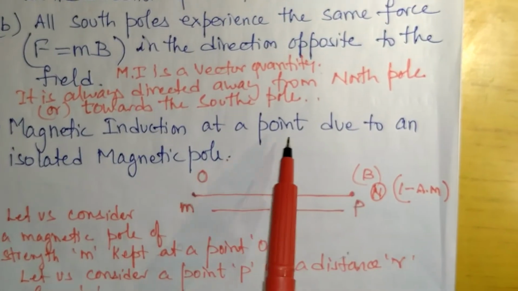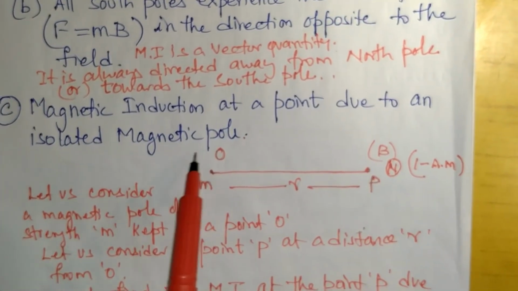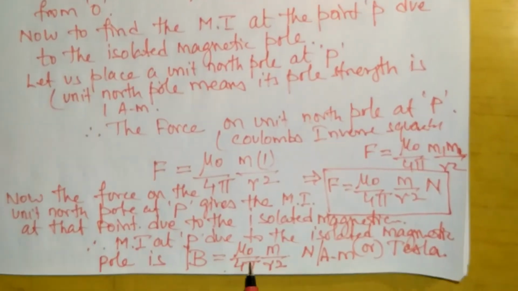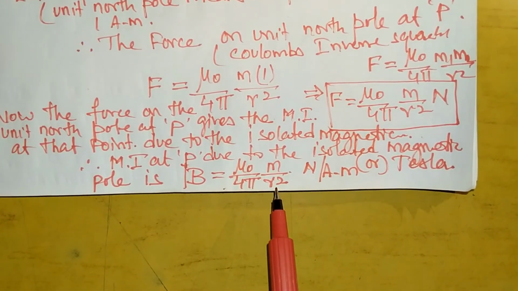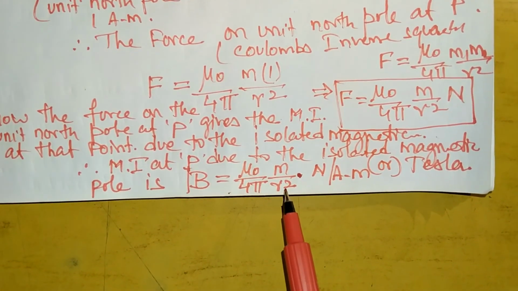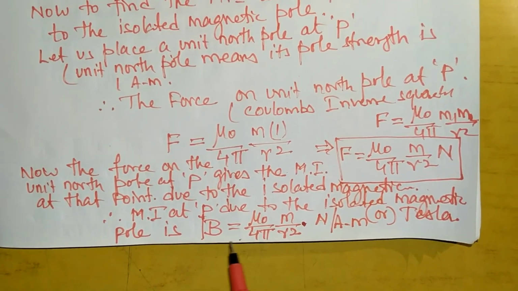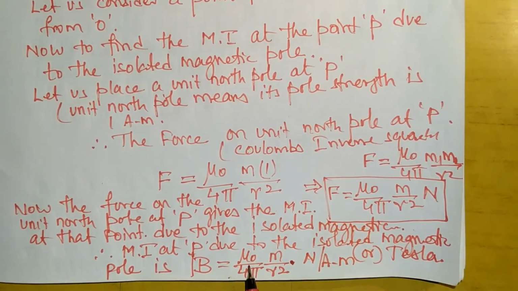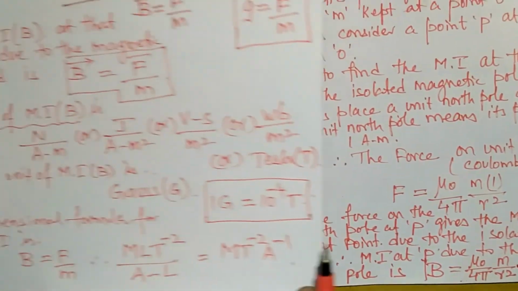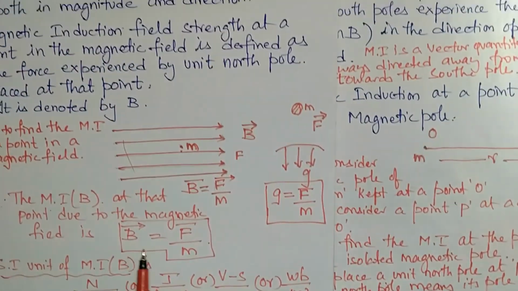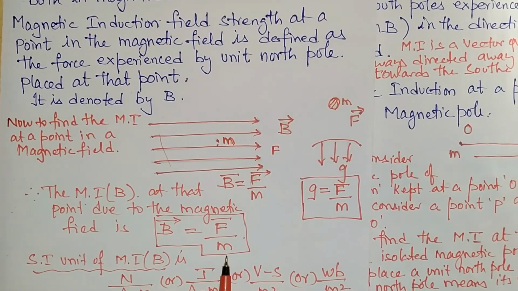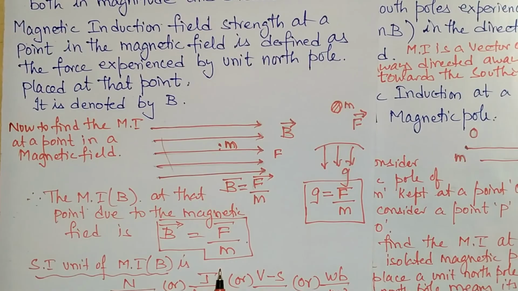Magnetic induction at a point due to an isolated magnetic pole: B is equal to mu naught by 4 pi m by r square. The magnetic induction at a point in a magnetic field is B is equal to F by M. We must use these appropriate formulas according to the given conditions in the problems.